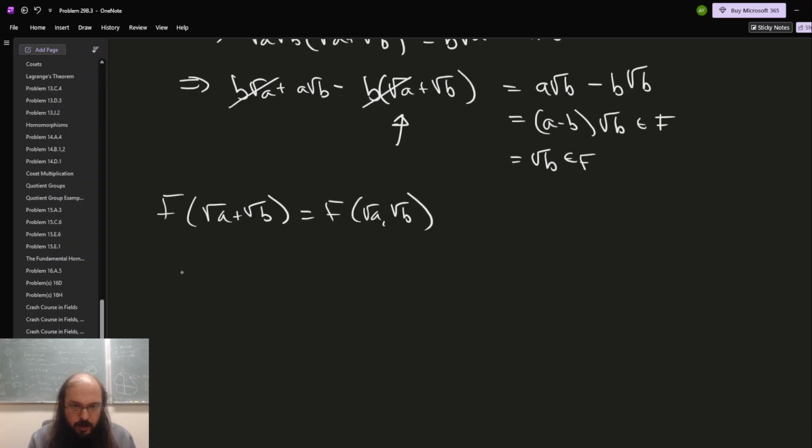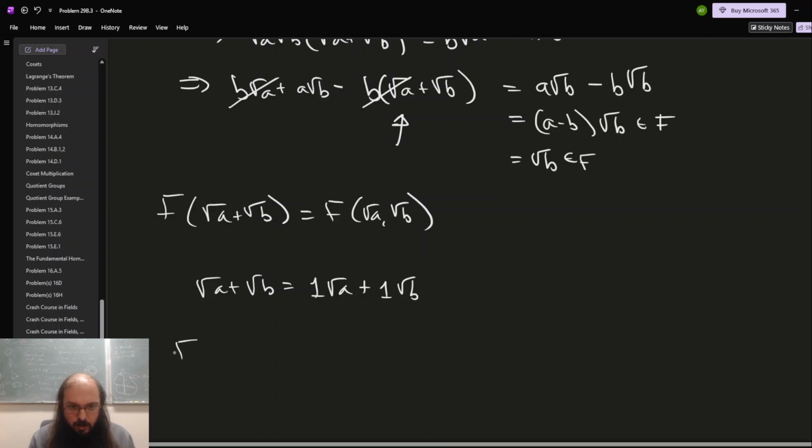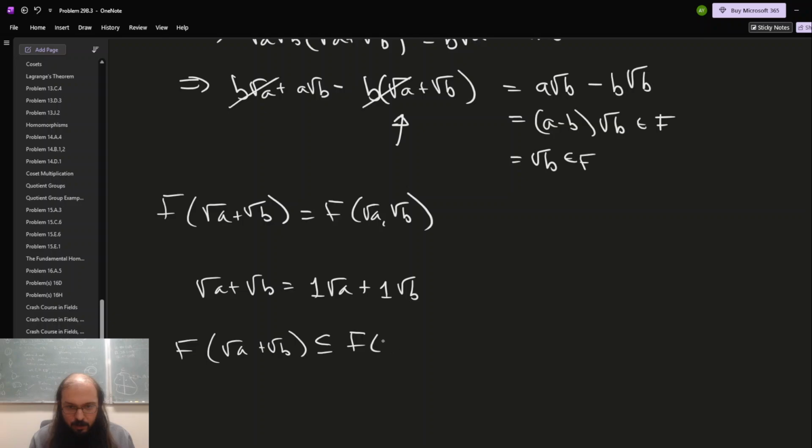Well, clearly, since square root of a plus the square root of b is equal to 1 times the square root of a plus 1 times the square root of b, clearly we have F adjoin square root of a plus square root of b contained in this guy.